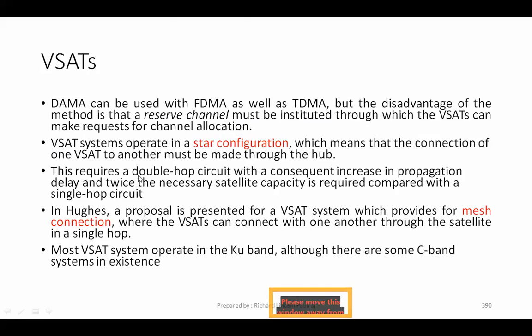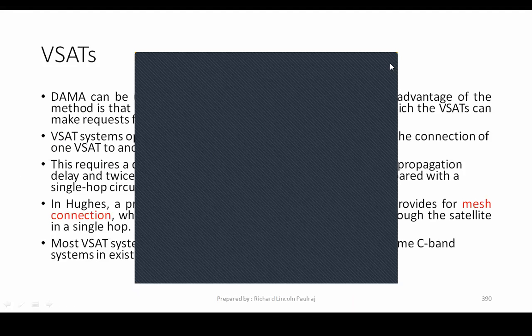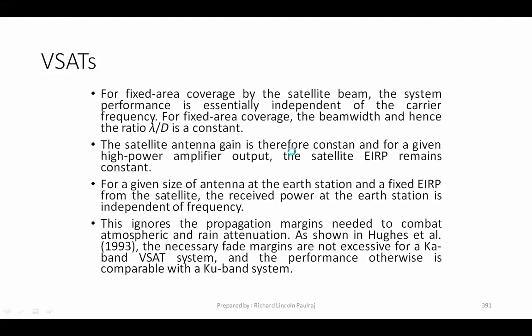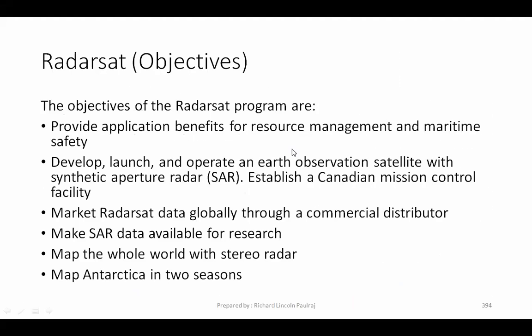VSAT systems operate in star configuration. I think in your network analysis you would have seen star and mesh topologies. The star configuration is what is followed by VSAT, which means that the connection of one VSAT to another must be made through the hub.